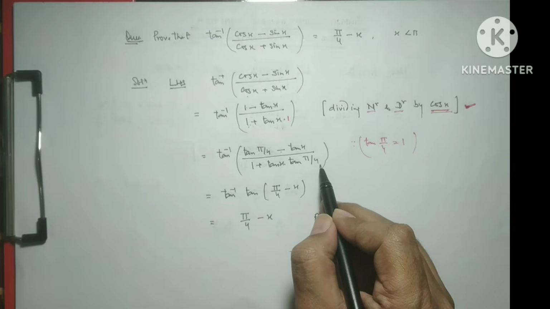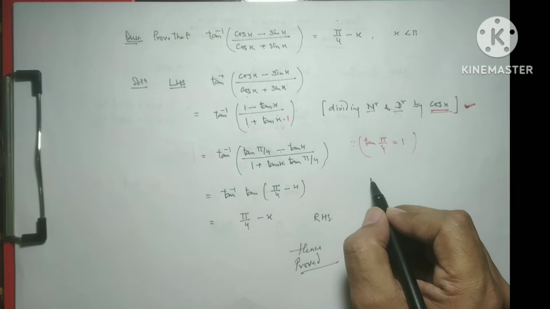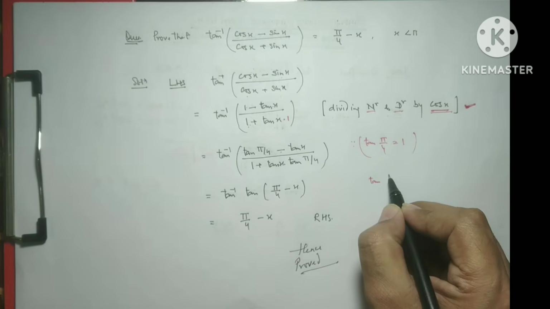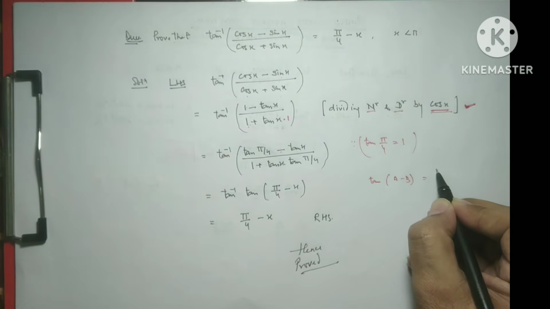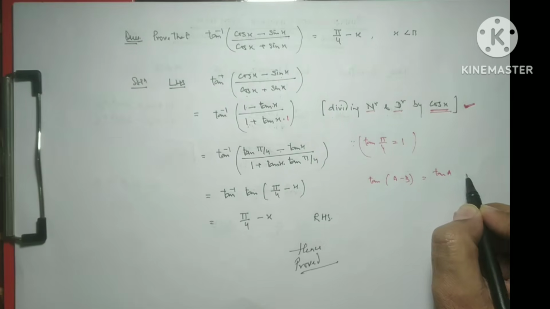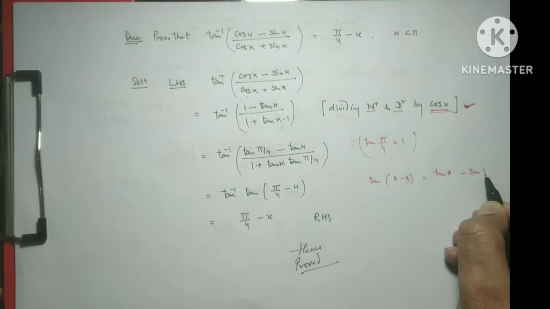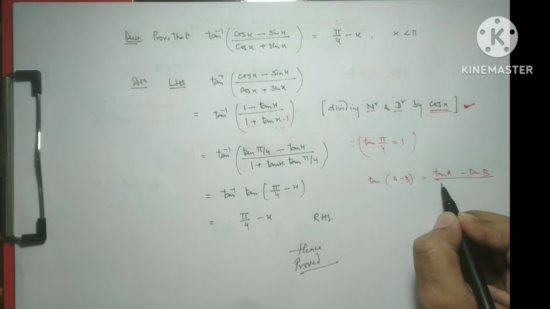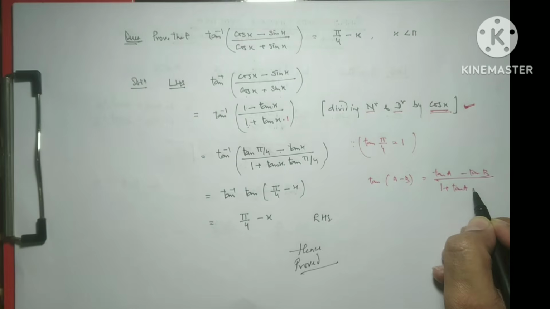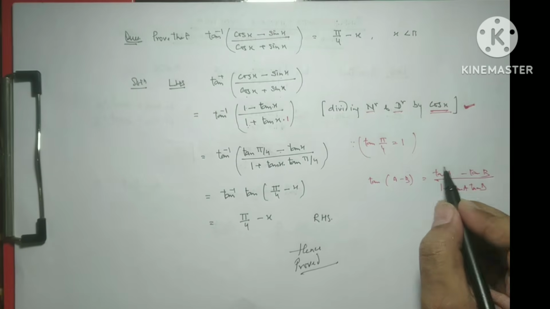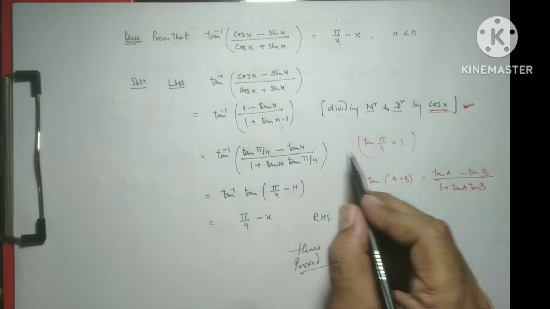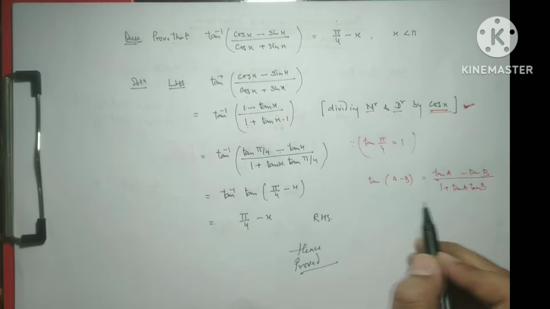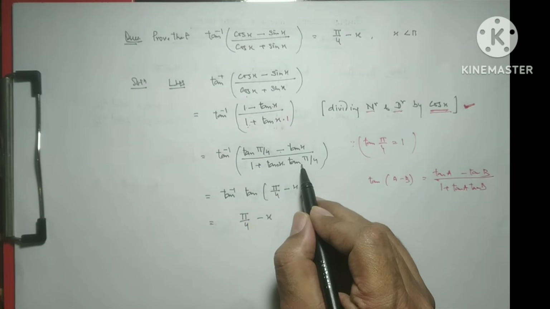So we will place this as (tan pi by 4 minus tan x) over (1 plus tan x into tan pi by 4), and this is the formula of tan(a minus b). Tan(a minus b) equals tan a minus tan b over 1 plus tan a tan b. When you compare, this is tan a, this is tan b, and this is 1 plus the product of these two tans.